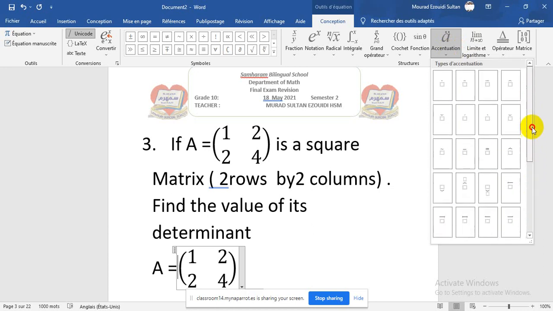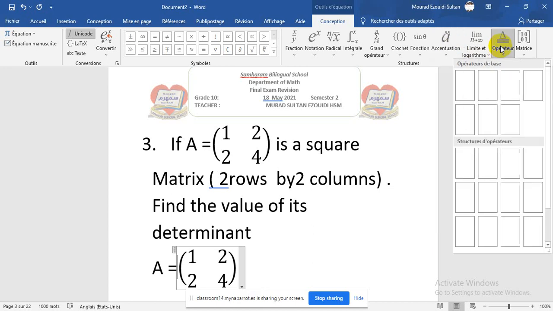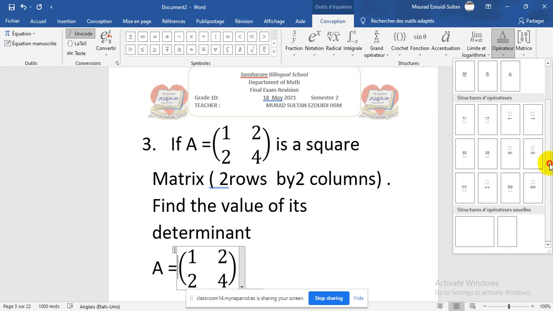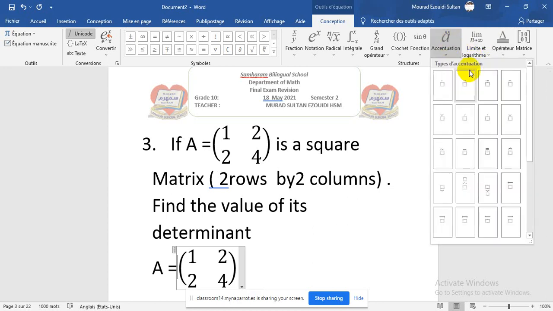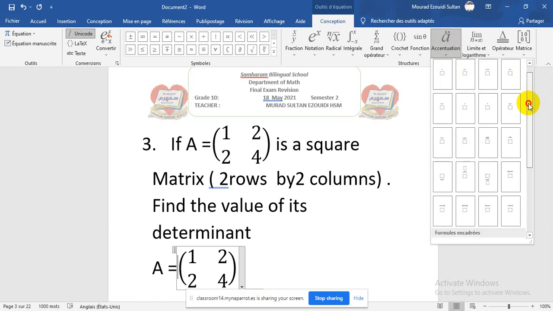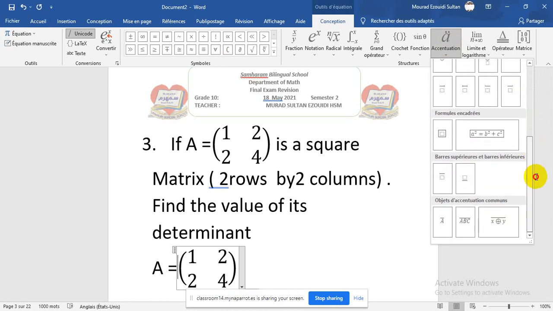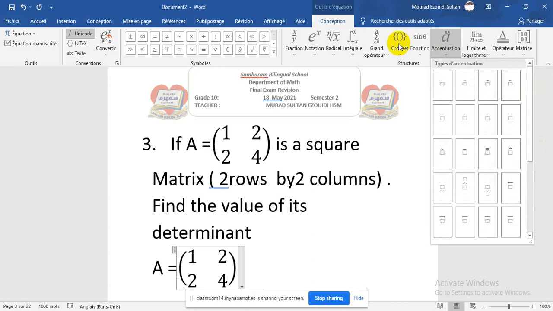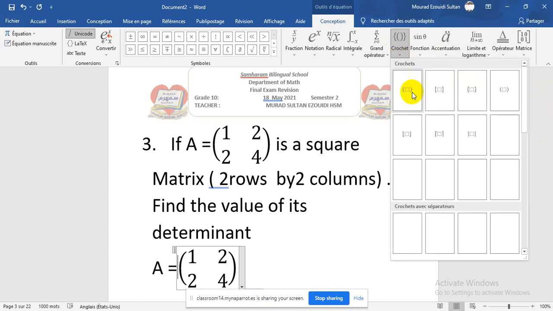Here it is not an operator, so we will move to the brackets.